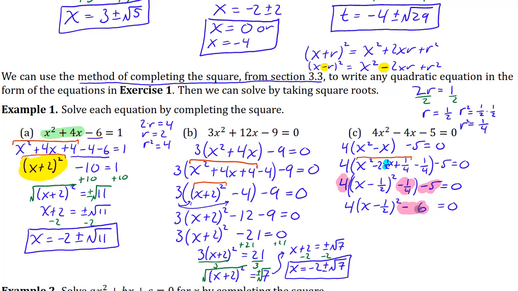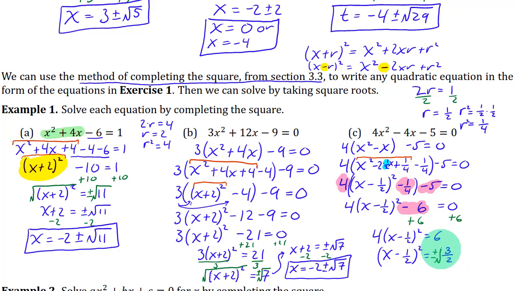Now we can add the 6 to both sides. That'll leave you with 4 times x minus 1/2 squared equals 6. Divide everything by 4, and you'll get x minus 1/2 quantity squared equals 6 over 4, which reduces to 3 over 2. Okay, so then we can take a square root of both sides.